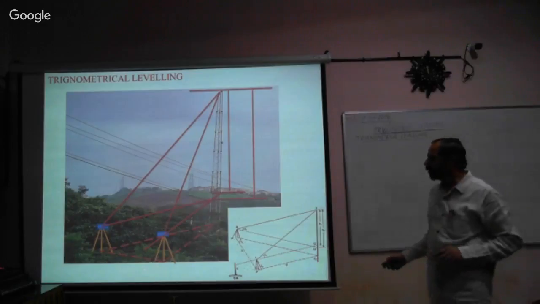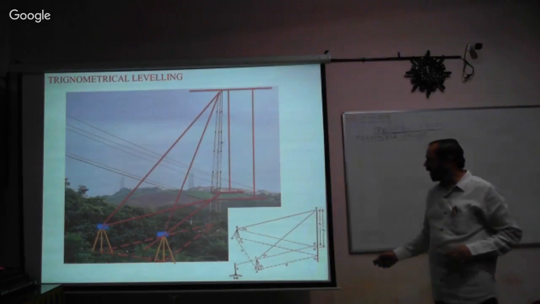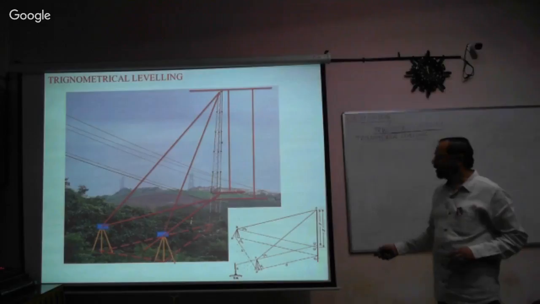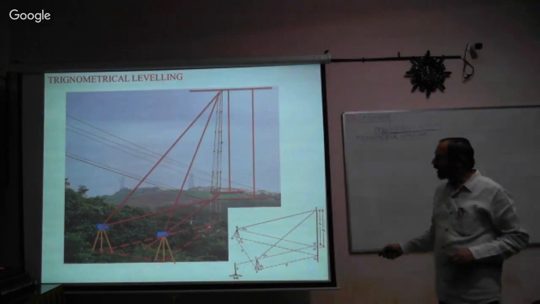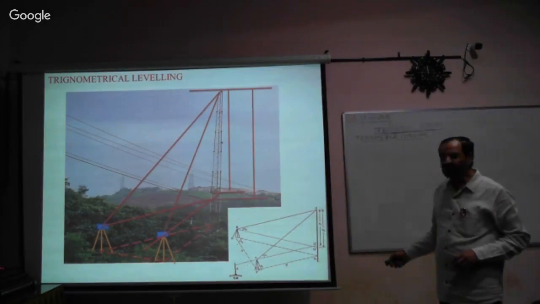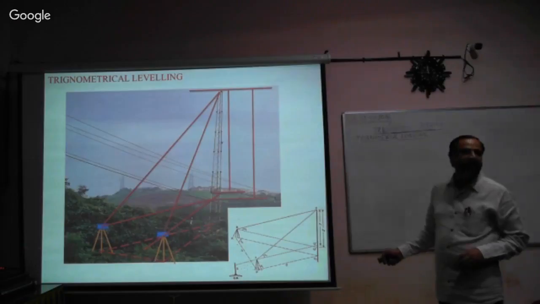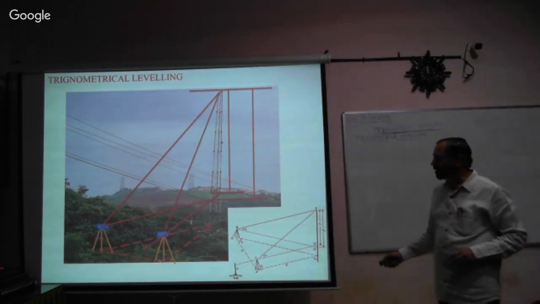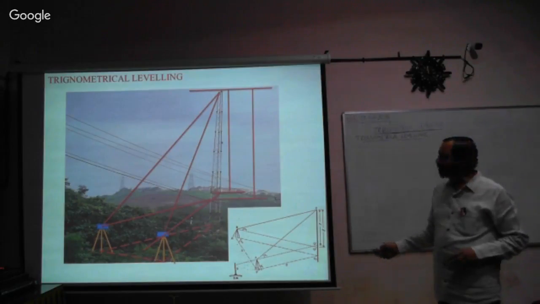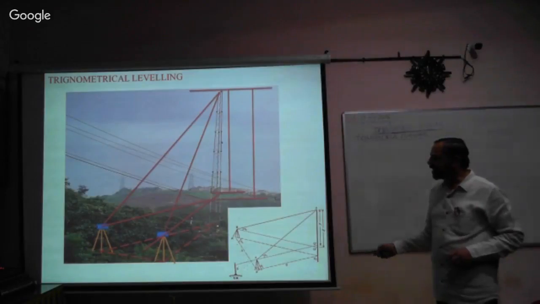Sin theta divided by the length of the opposite side, then sin theta 2 divided by the length of the opposite side, is equal to sin theta 3 divided by its opposite side. Solving that, we will get the distance from the first station to the object, and similarly from the second station to the object.